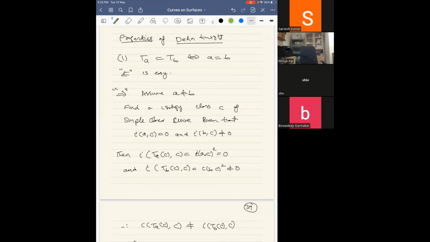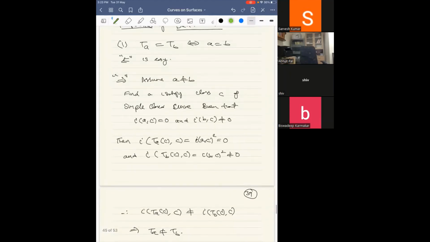If the geometric intersection number between A and B is non-zero, then you can take C to be equal to A, not B. Then you have this condition, and in the other case you have to use the change of coordinates principle to come up with this. So this is always possible: given two distinct isotopy classes, you can find an isotopy class C such that the intersection number of A and C is 0 and the intersection number of B and C is non-zero.